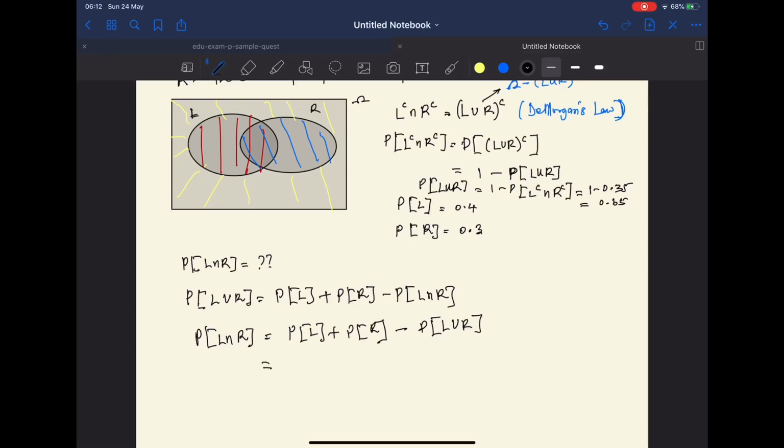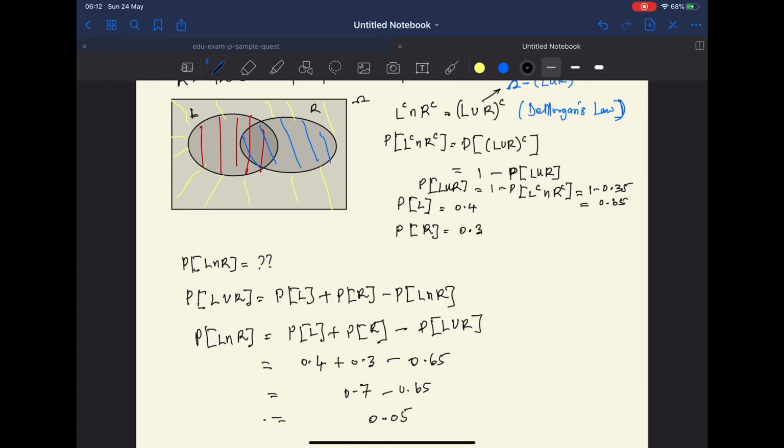Now the probability of L is 0.4, the probability of R is 0.3, and the probability of L union R is 0.65. So we have 0.7 minus 0.65, and that gives us 0.05.